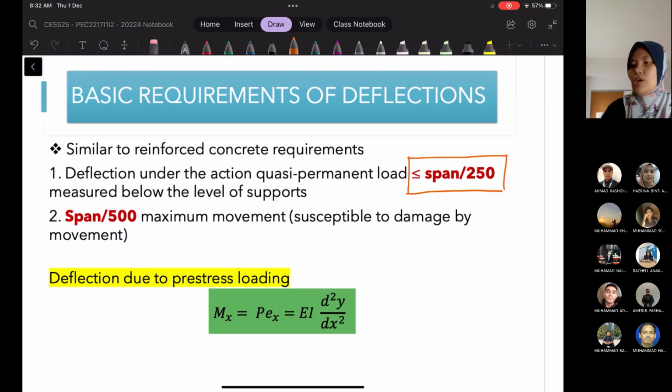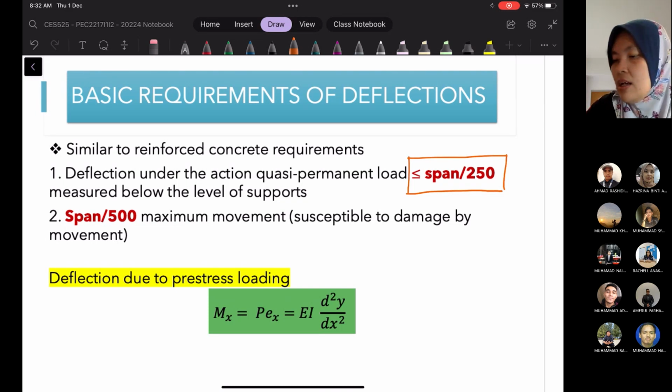For example, if we are designing a 30 meter span beam, we are going to calculate 30 meters divided by 250. So our deflection value under the action of quasi-permanent loads must be less than this.